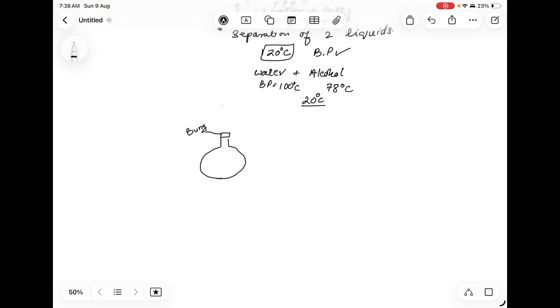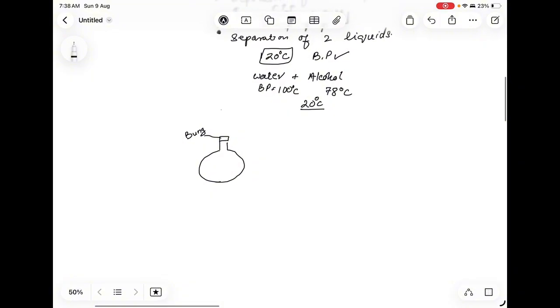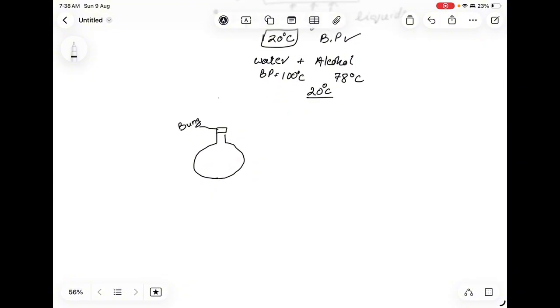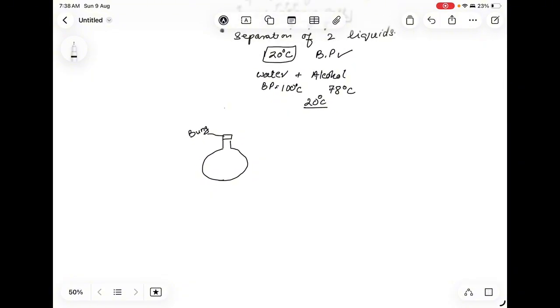And we have a thermometer as well, which we already have inserted into this thing, and there is this distillation tube over here.